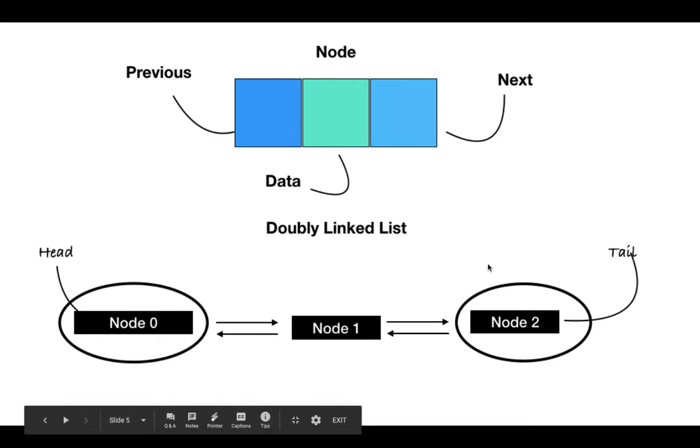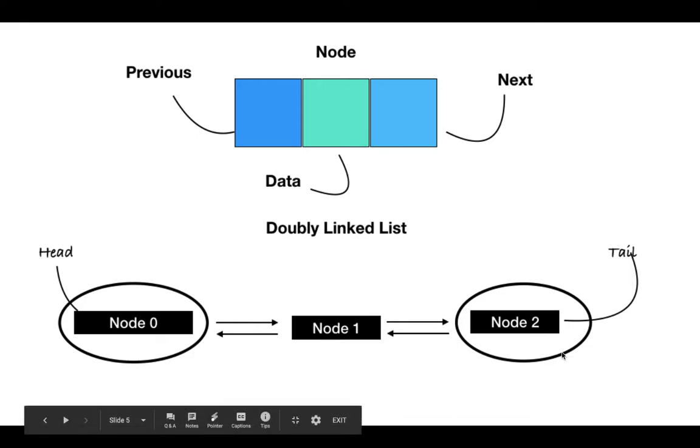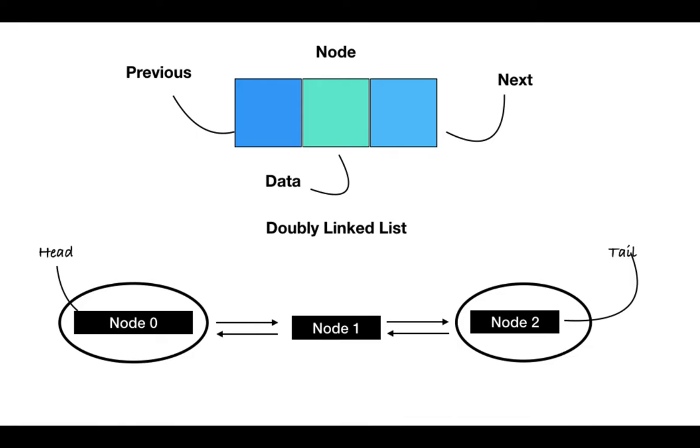Sometimes an interviewer may ask how to detect which one is the head. The head's previous part is nothing because it's the starting node, and the tail means the next part is nil. So that is all about linked lists.